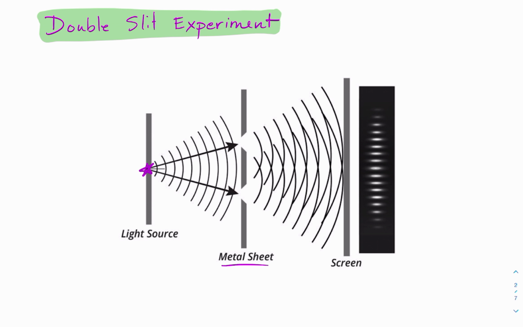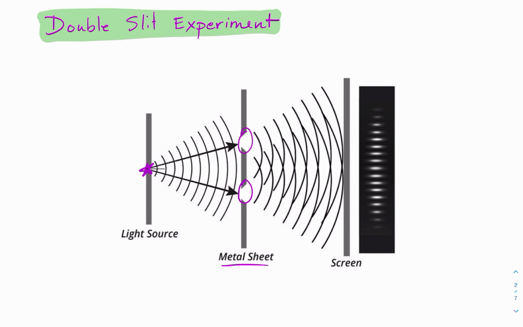And in the barrier, there happens to be two slits or two holes. You'll see one that's right here and one that's right here. That is of a very short distance, sometimes a wavelength apart from one another.